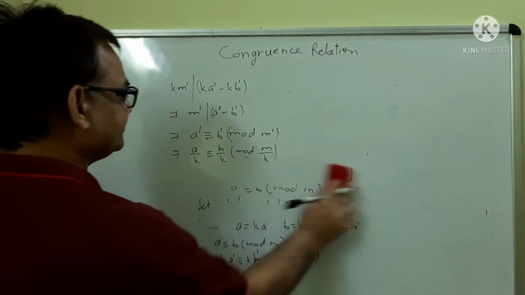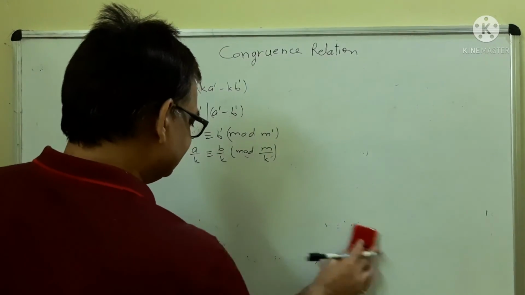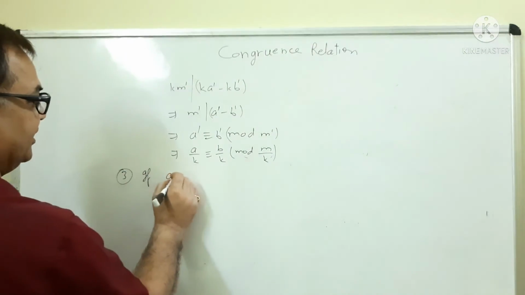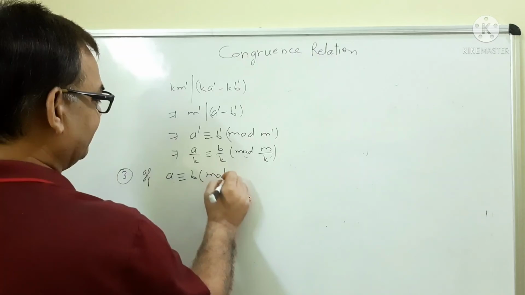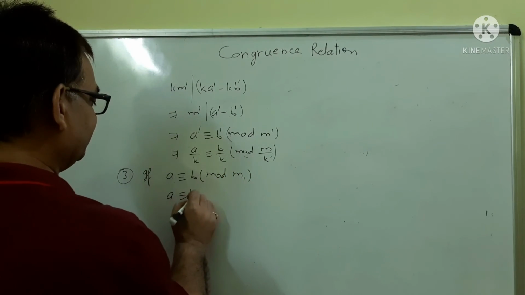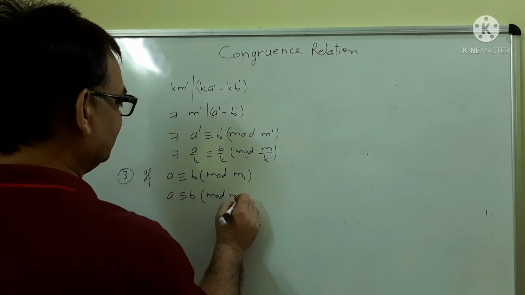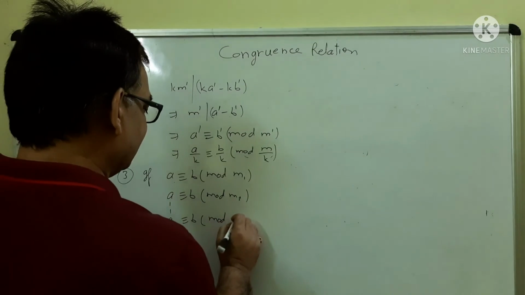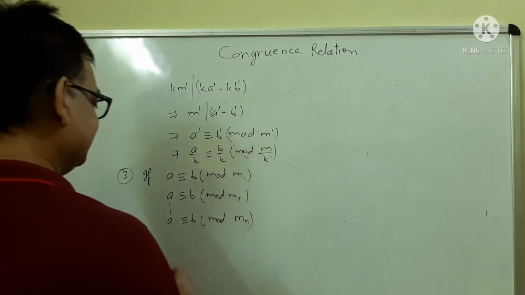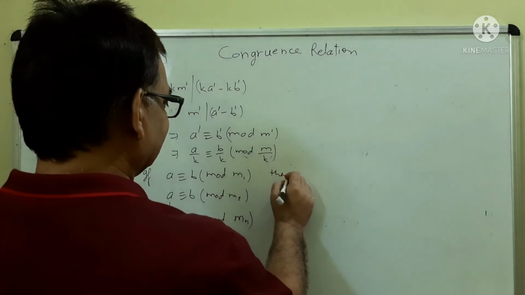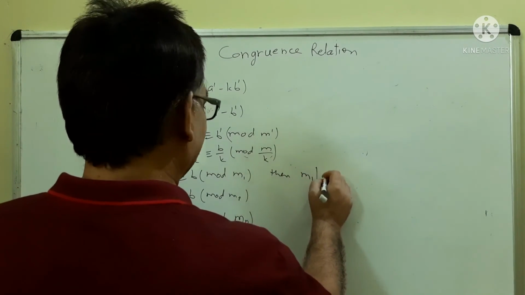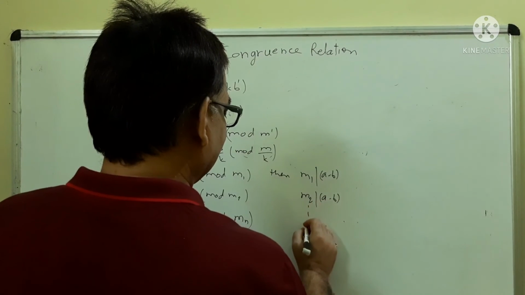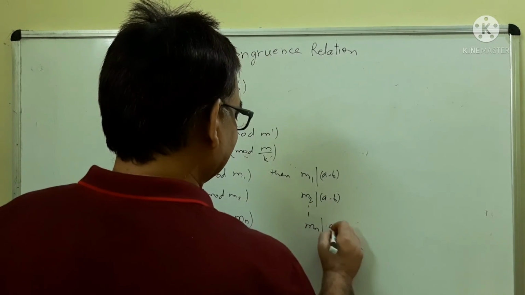Another result, number 3. If a is congruent to b mod m1, a is congruent to b mod m2, and a is congruent to b mod mn, then m1 divides a minus b, m2 divides a minus b, and mn divides a minus b.